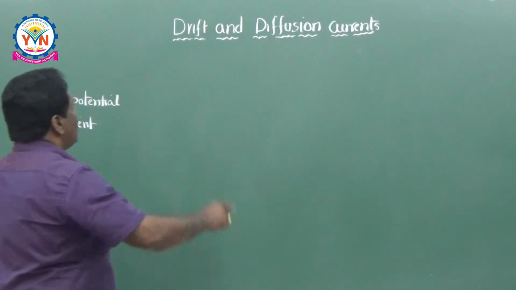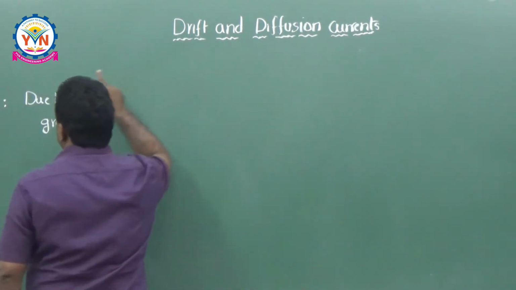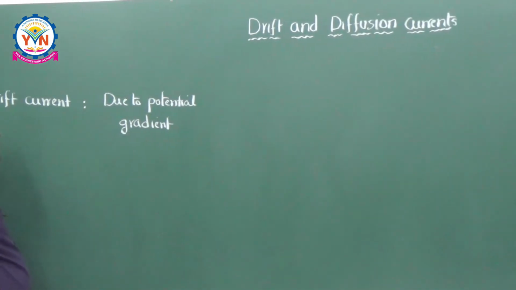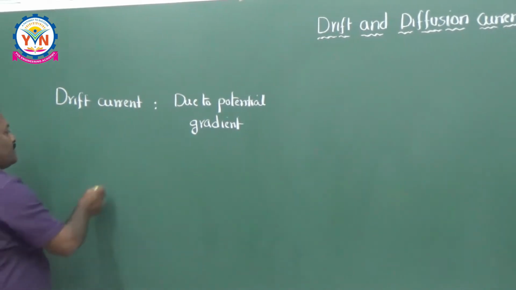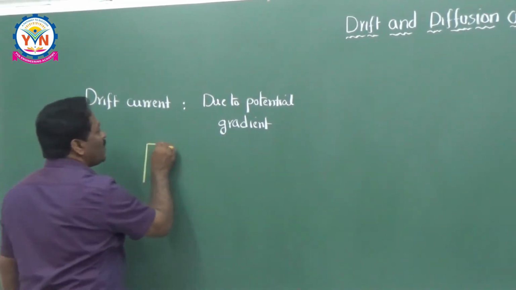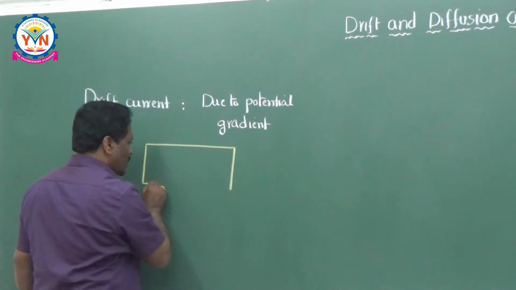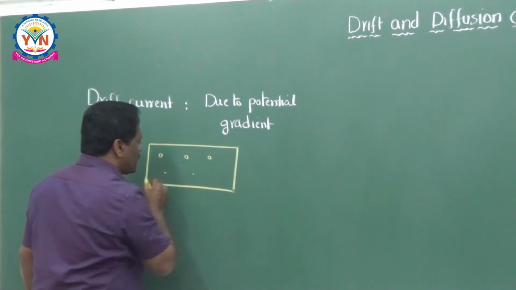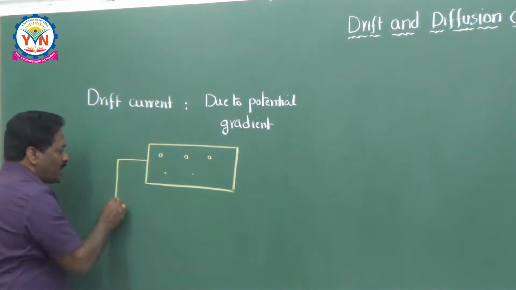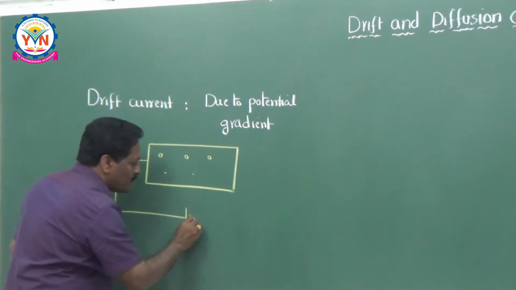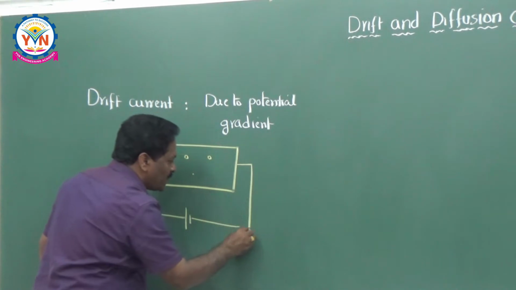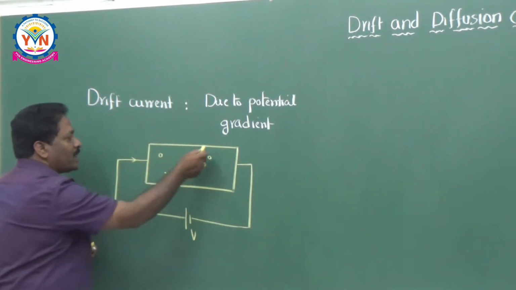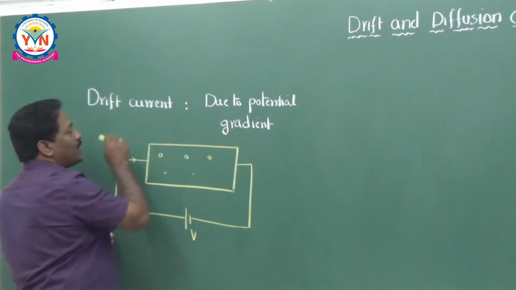So what is drift current? Drift current means it is due to potential gradient. Let us take a semiconductor here. In a semiconductor you have two types of carriers, holes and electrons. Then if you apply some potential from outside, let the potential be V. Whatever current flows through this semiconductor is called drift current.